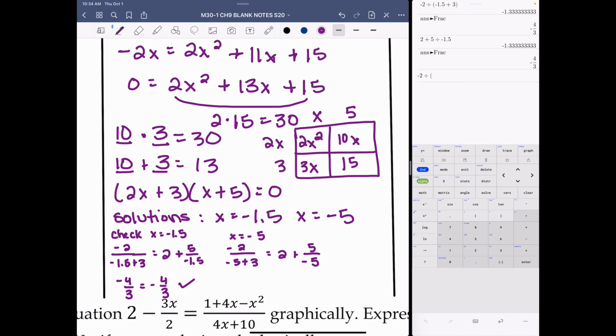Let's make sure. Negative 5 plus 3 is negative 2, and negative 2 divided by negative 2 is 1. And then 2 plus 5 divided by negative 5 is negative 1. 2 plus negative 1 is 1. 1 equals 1. Yes. So that means that x equals negative 1.5 and x equals negative 5 are solutions.